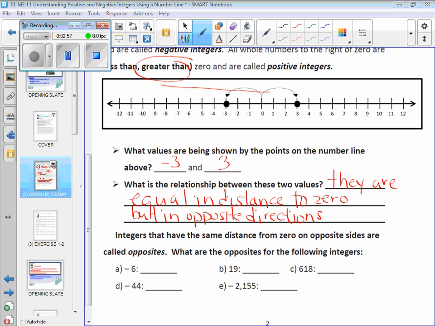Not equal to 0, equal in distance. So integers that have the same distance from 0 on opposite sides are called opposite integers. And there are also opposite rational numbers as well. We'll get to it.